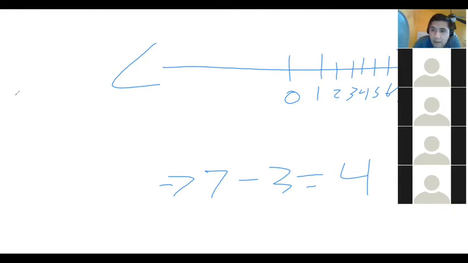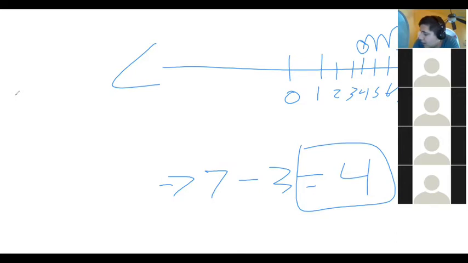To the left. So 1, 2, 3. We end up at 4. Okay. So it's much better to visualize it with a number line.